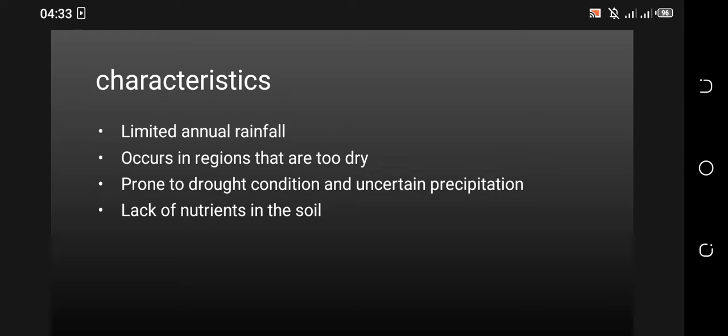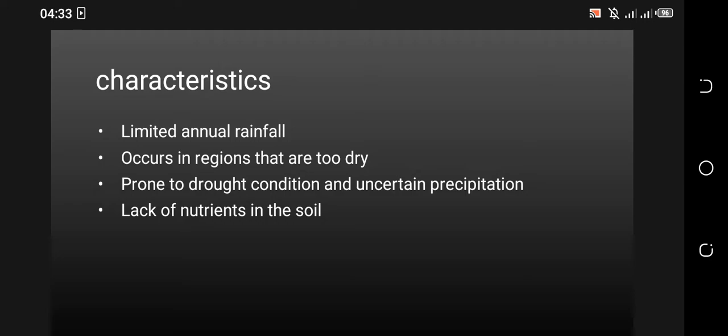At the same time, we have uncertain precipitation. That is, we cannot predict that rainfall or precipitation will occur. Rather, it occurs randomly, without expecting that precipitation may occur.